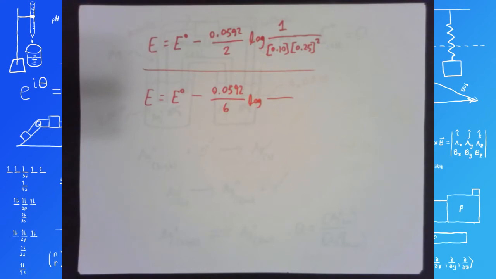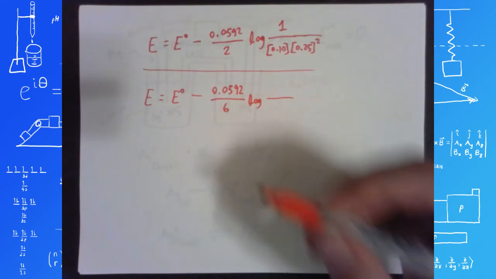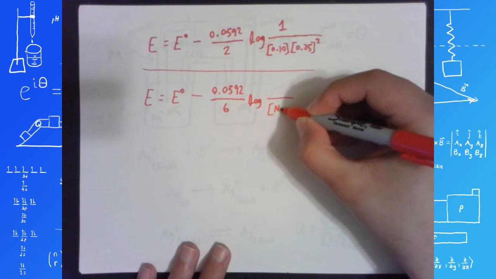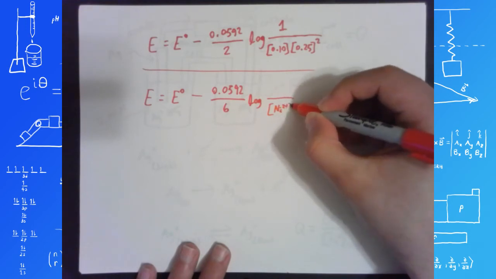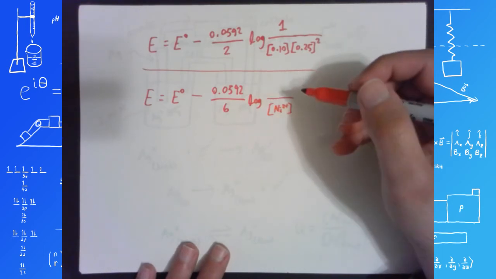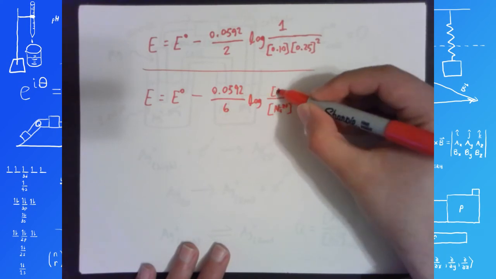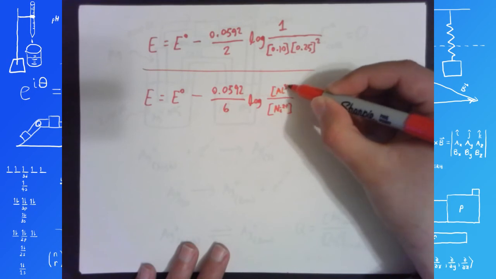So we've got solid aluminum on the reactant side, nickel 2 ion on the reactant side, so it would be the nickel 2 ion concentration, and the aluminum ion concentration from the product side.